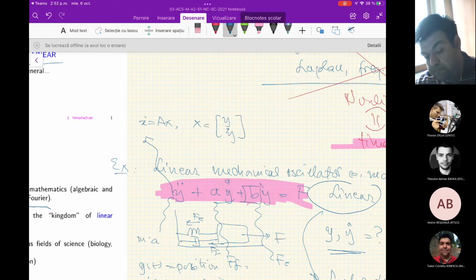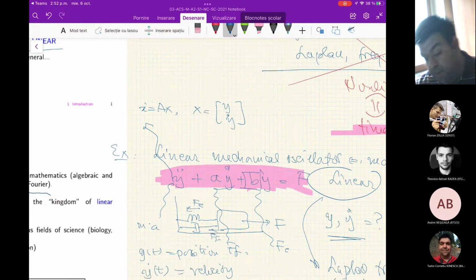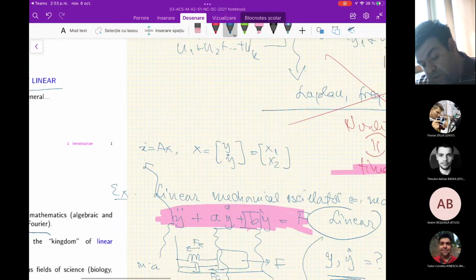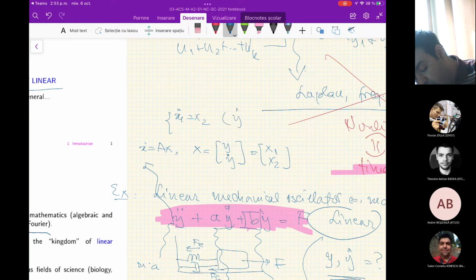You can call these x1 and x2, and from a second order equation you can transform this into a first order system governed by x1 dot is x2, because y is x1 and y dot is x2.